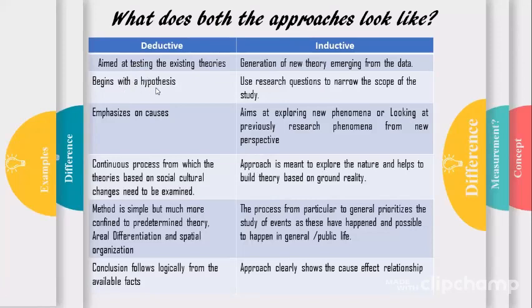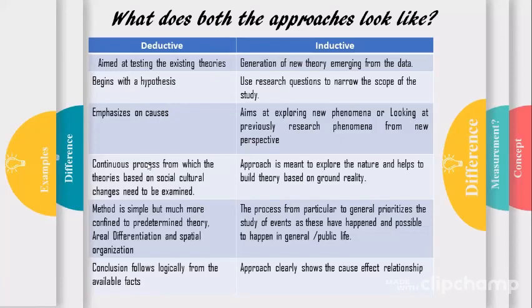This begins with a hypothesis. Over here, there are various research questions which are answered through observations, through patterns, and then the ultimate result is obtained. This emphasizes on causes. Here, it emphasizes more on observations, on new phenomena, on research phenomena which had occurred previously.